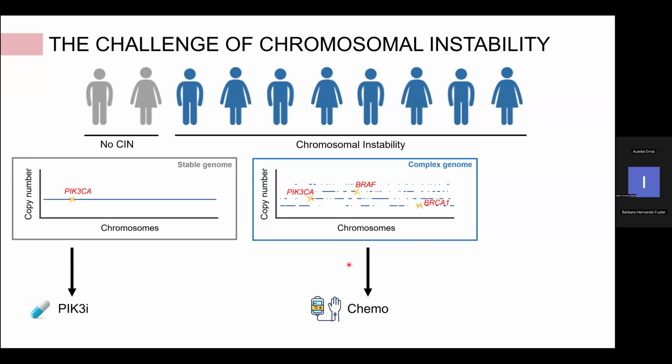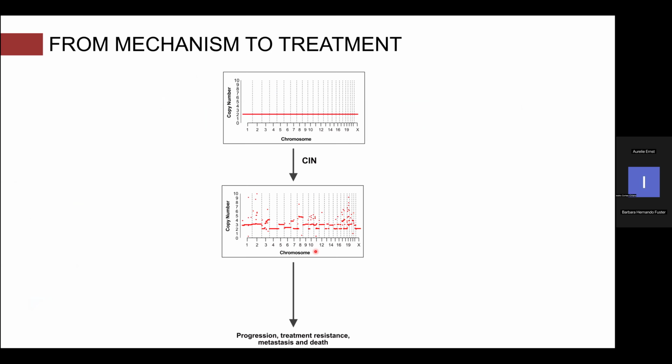So the problem here is that we have the same treatment for all of these patients, and that is because we don't have a good biomarker to select the optimal treatment for each one of these patients. Having this clinical challenge in mind, in my group we are interested in dissecting the mutational processes that drive a normal genome to evolve into a tumor with these chaotic genomes, with lots of copy number alterations.